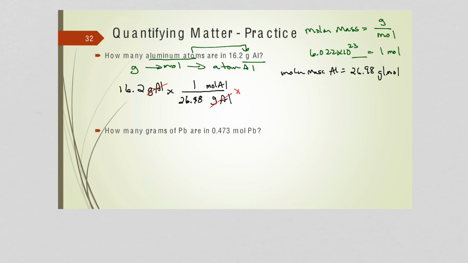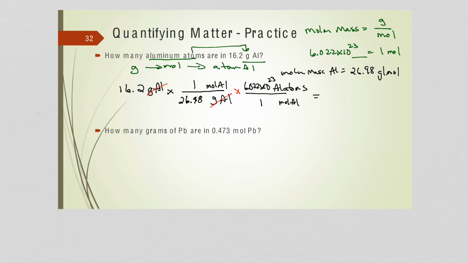But I want to go ahead and do my second step. Now I want to go from moles of aluminum into aluminum atoms. So I'm going to want moles of aluminum on the bottom to cancel out, and aluminum atoms on the top. If I look at my definition of mole, I know that for every 1 mole, I have 6.022 times 10 to the 23rd aluminum atoms.